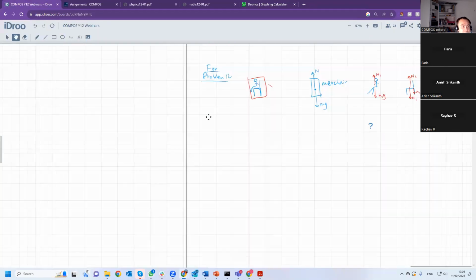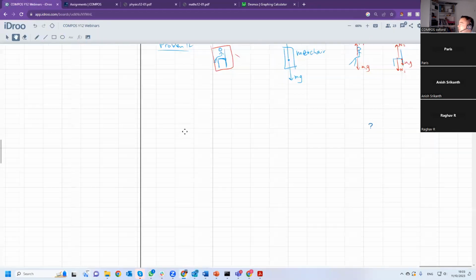For question 14, you have the origin, and this is the parabola, and this distance has to be 5.